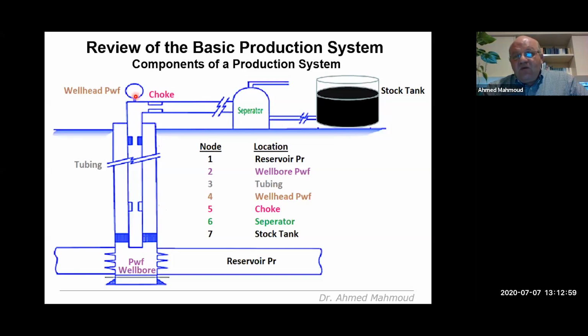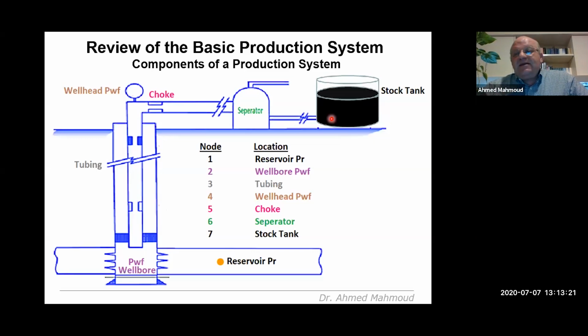And then from the wellhead, the wellhead pressure will be higher than the pressure you have in the separator, and then the separator will have a higher pressure than you have in the stock tank. And this cycle of different delta P's is what actually motivates fluids to flow.